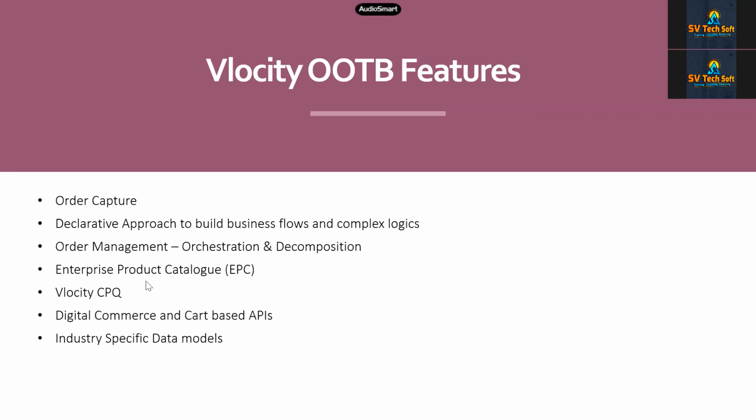All right. Then again, there is one more feature called Velocity's Enterprise Catalog or EPC, which is basically, for example, you log into Amazon, you see millions of products in that, which are neatly categorized and neatly priced. So that basically requires a lot of backend stuff, right?